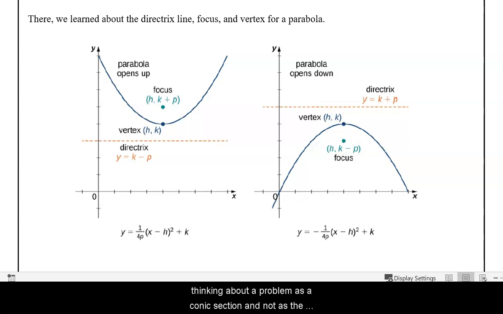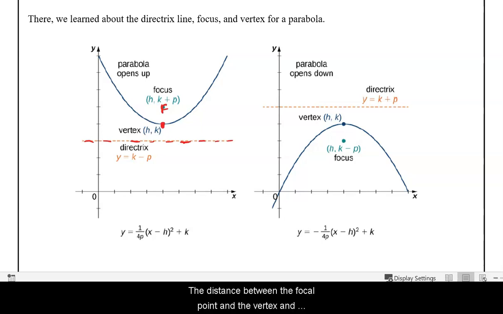When you're thinking about a parabola as a conic section, and not as the one that you learned first in college algebra or algebra 2 in high school, remember that the conic section view of a parabola is that there is a focal point, which we usually will indicate with the uppercase letter F, and there is a line called the directrix, and halfway between that focal point and that line is the vertex. And when I say halfway, I mean precisely halfway.